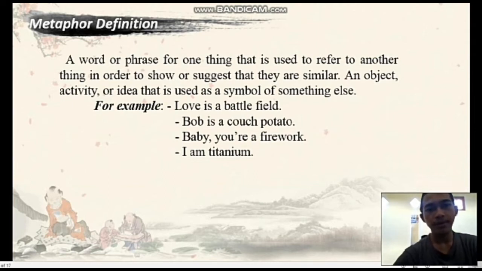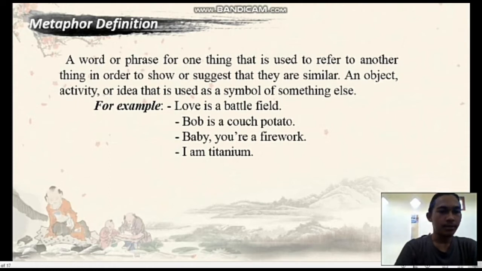Okay, metaphor definition. The definition of metaphor is a word or phrase for one thing that is used to refer to another thing in order to show or suggest that they are similar. An object, activity, or idea that is used as a symbol of something else. Metaphor can make your words come to life.